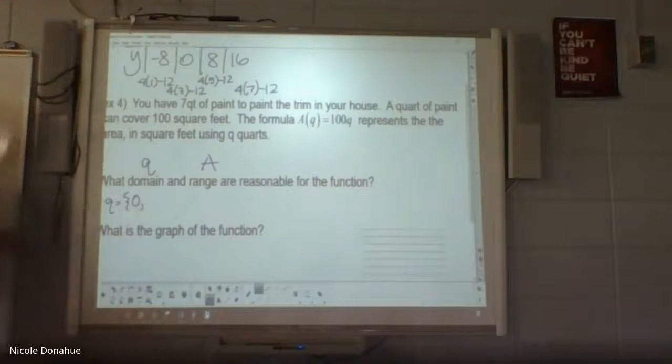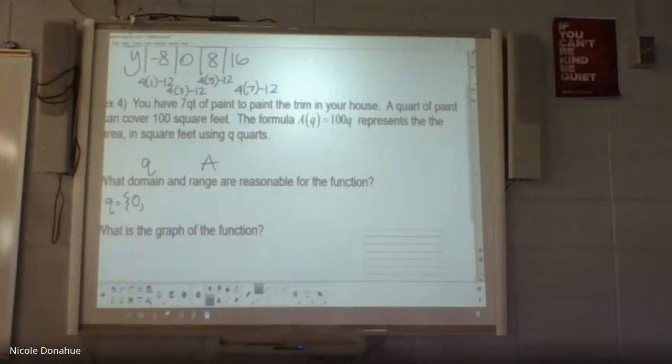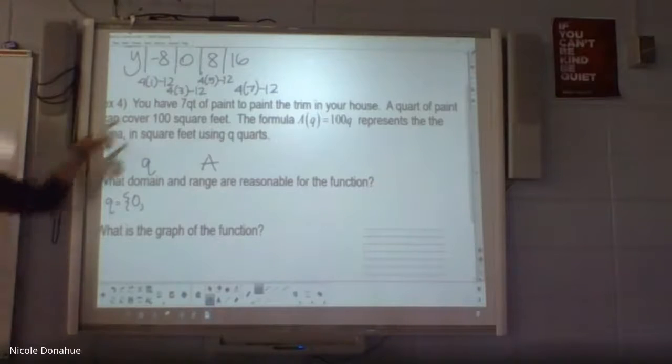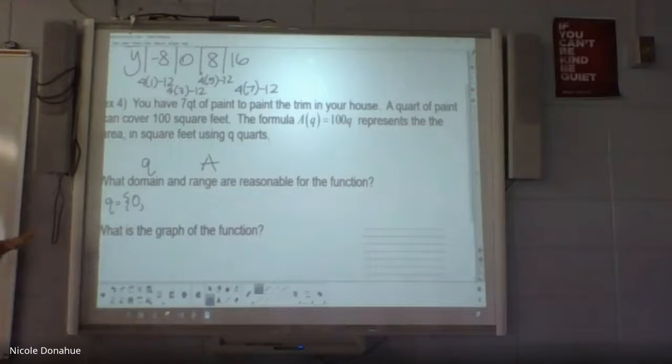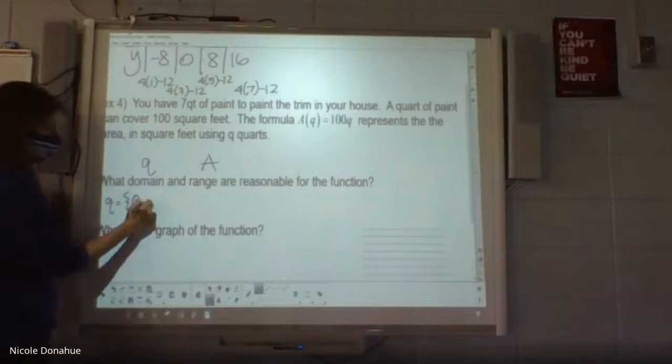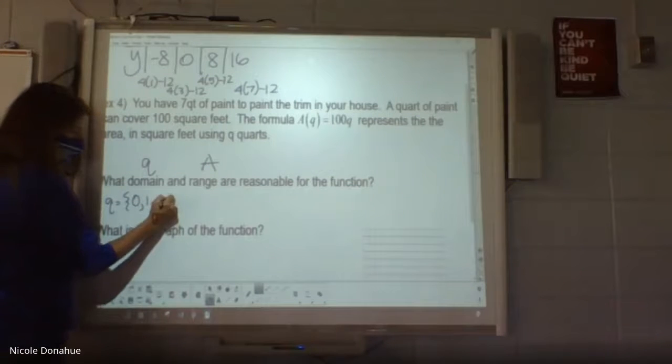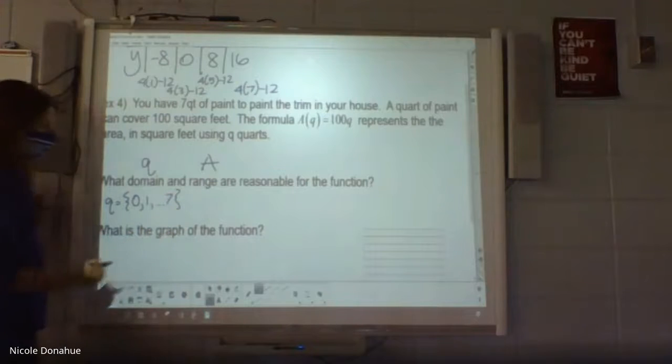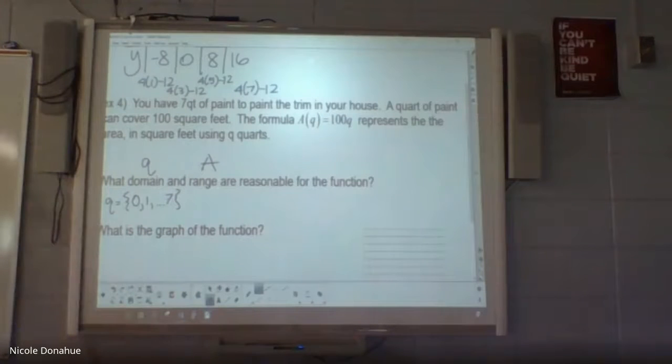So 0. Is there a limit? Can I have 5,000 quarts of paint in this problem? I go up to 7. I don't want to go beyond 7 because that's all I have. So I could choose to not paint at all, or I could choose to use all the paint up to 7. So the domain is basically 0 through 7.